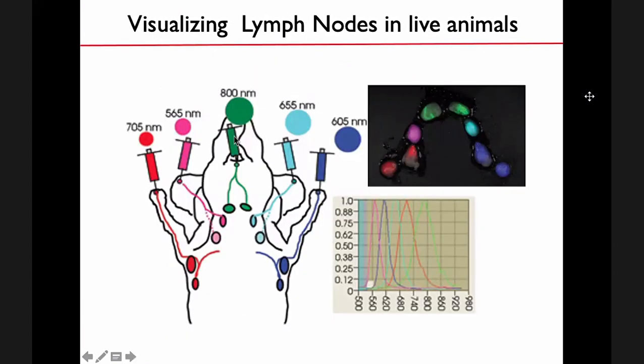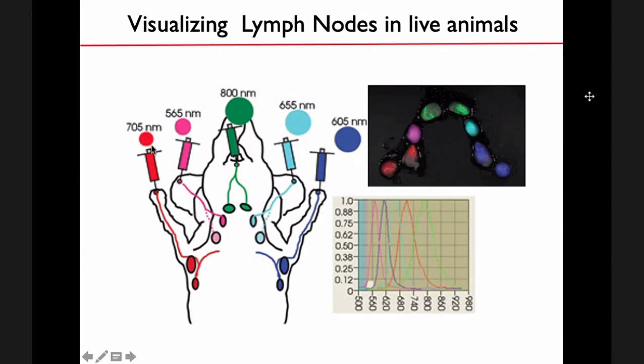Now, this is a slide which shows you how you can visualize the concept of drainage. Okay, so in this case, what they did was they injected these dyes, which fluoresce at different wavelengths: 605, 655, 800, 565, 705.